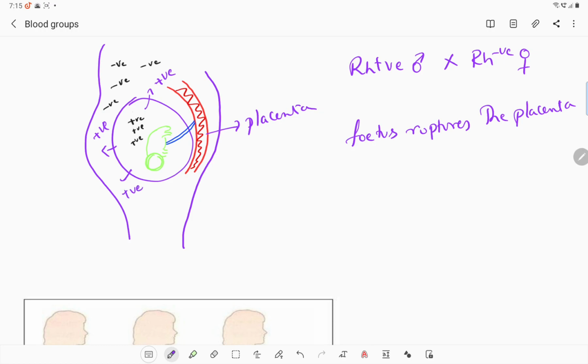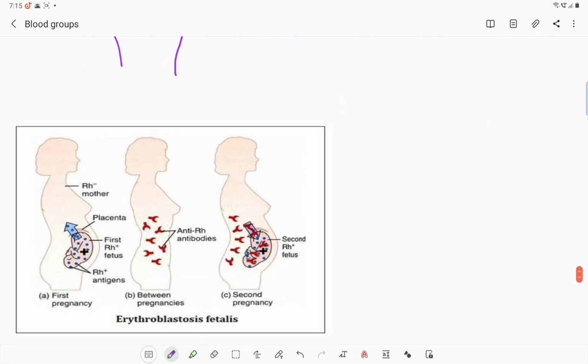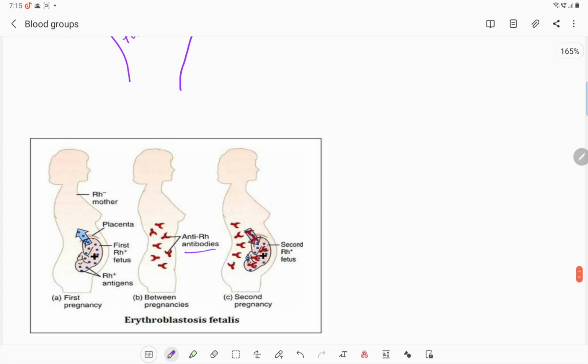Then immediately the mother's immune system recognizes that RBC and produces anti-Rh antibodies. What is the type of anti-Rh antibodies? IgG type. By the time the mother produces anti-Rh antibodies, the first baby was sent outside.